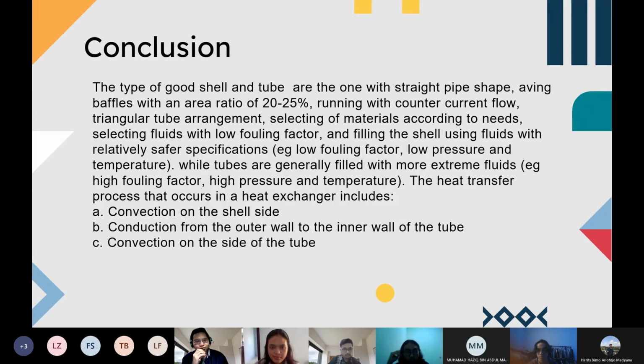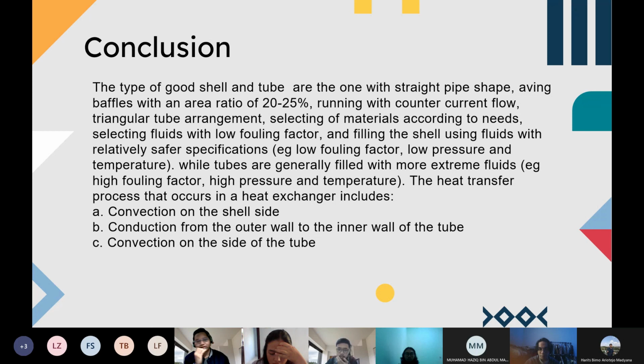Okay. So the conclusion of this shell and tube heat exchanger is that this type is the one with straight pipe shape, with segmental baffles with an area ratio of 20 to 25%, running with counter current flow and triangular tube arrangement, selecting materials according to needs, selecting fluids with low fouling factor, and filling the shell using fluids with relatively safer specifications, for example low fouling factor, low pressure, and temperature.